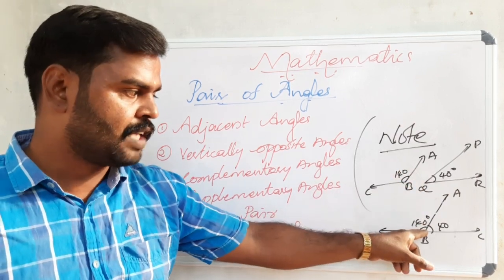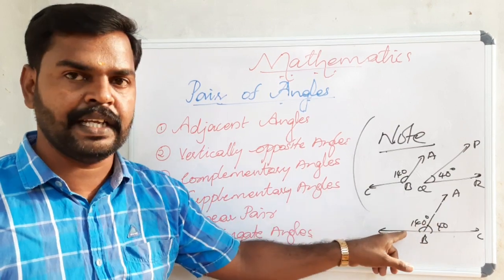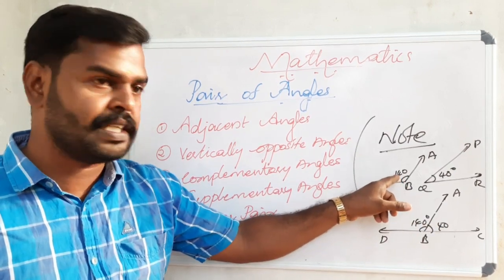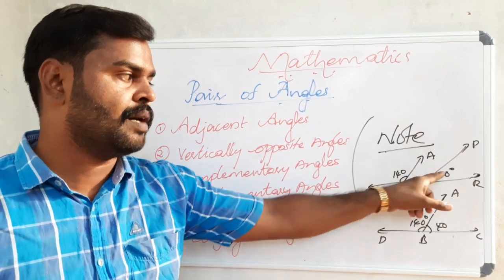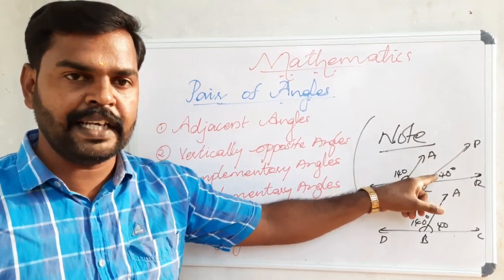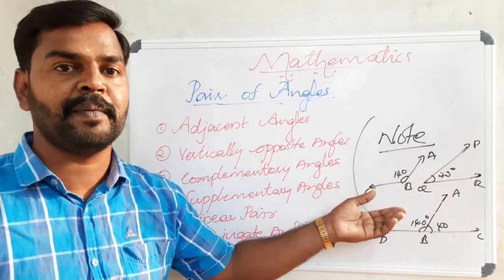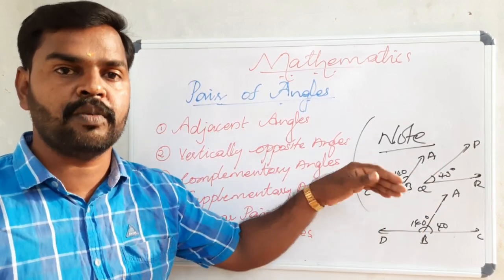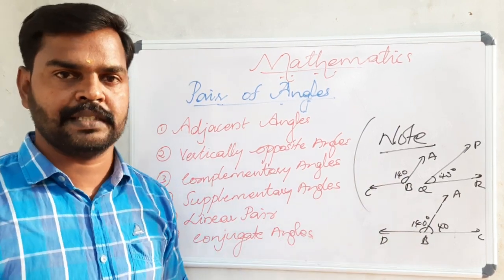Is this supplementary? Yes, 40 plus 140 is 180. What about this one, is it a linear pair? No. Here 140, here 40. The sum of the two angles is 180, but they are not adjacent angles. So supplementary angles may or may not be linear pairs, but linear pairs are supplementary angles.